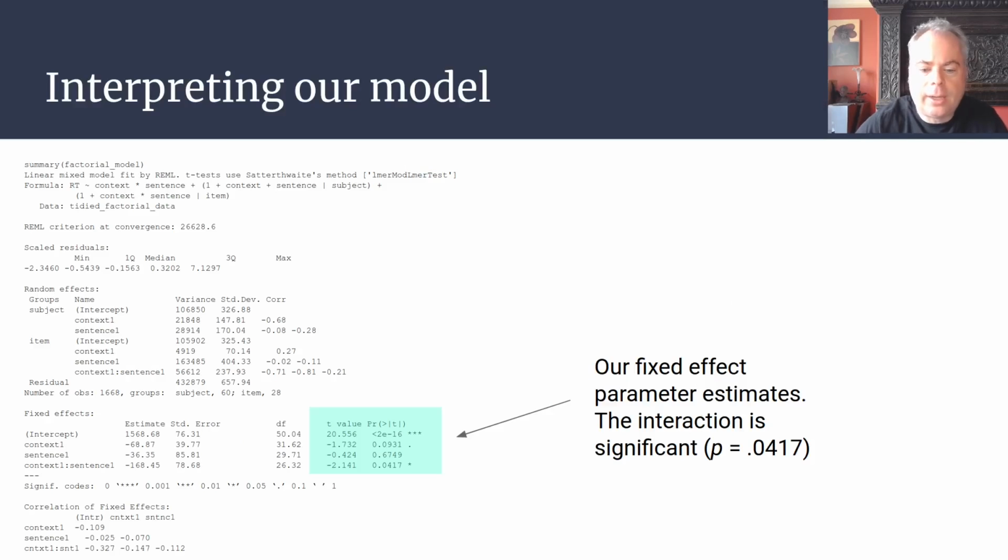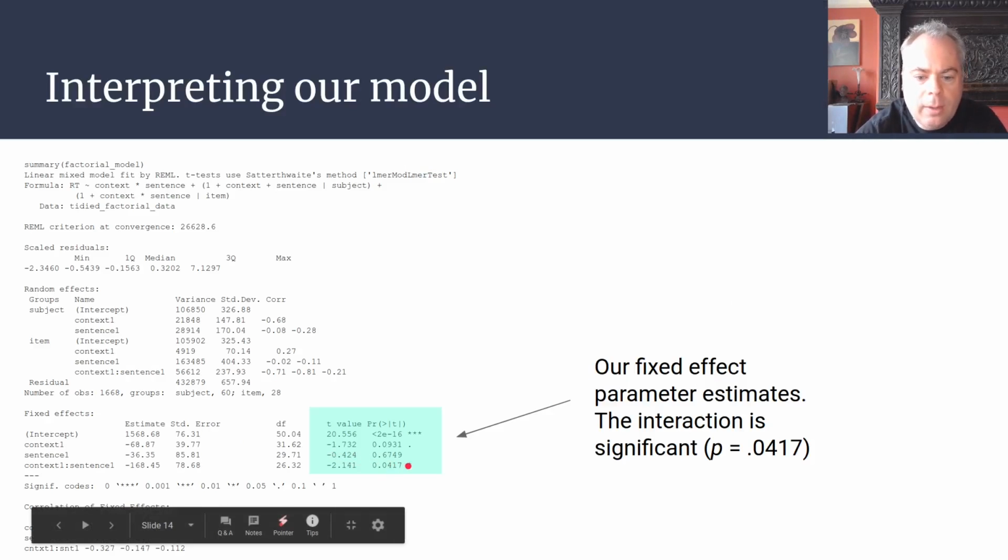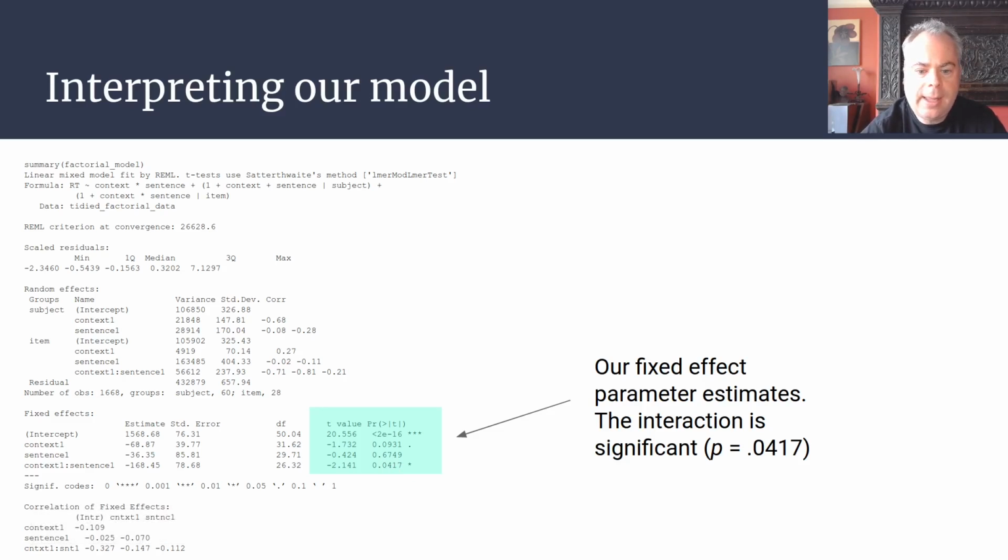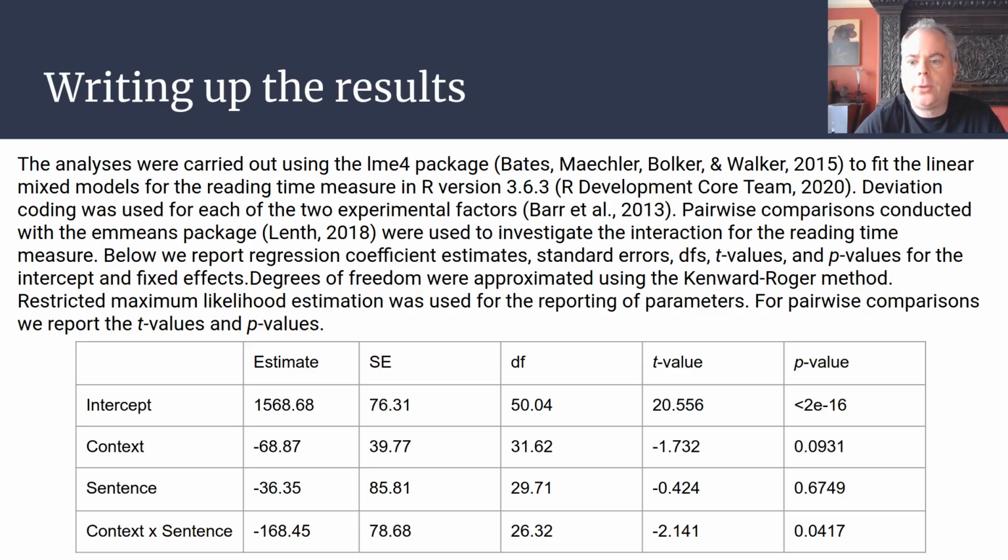And actually, I should have really said we examined the model parameter estimates before we would do any EM means comparison, because if this interaction down here hadn't been significant, then we wouldn't have been justified to look at those pairwise comparisons using EM means. We've got a significant interaction effect, and it's being driven by negative sentence reading times in negative versus positive contexts.